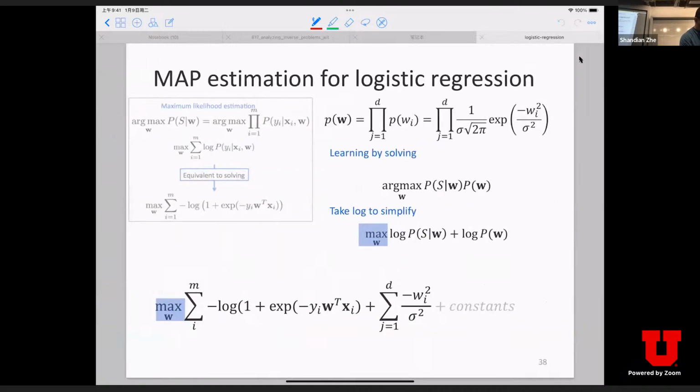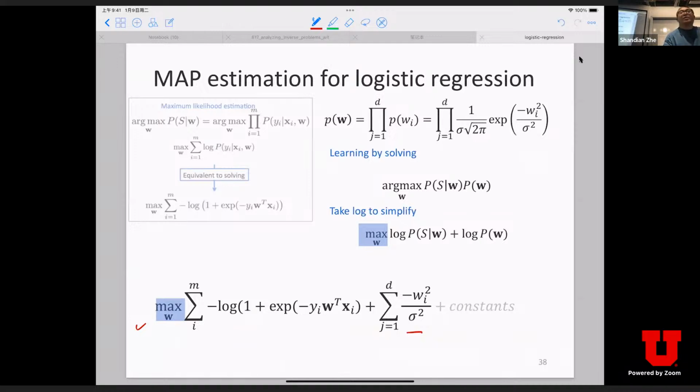Then we can see that the maximum a posteriori estimate is essentially maximizing the negative logistic loss over all the training examples plus the summation of the negative square of each weight over sigma square.